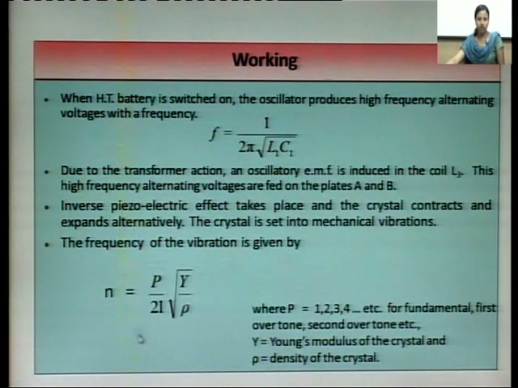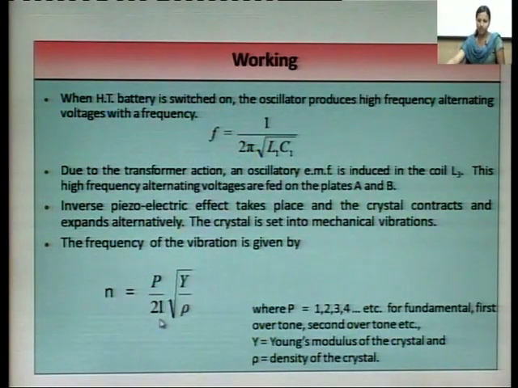The frequency of this vibration of the crystal is equal to P upon 2L times the square root of Y upon rho, where P is 1, 2, 3, 4 depending upon fundamental, first overtone, second overtone, third overtone. One point should be clear here: 1 is called the fundamental frequency, 2 is called the first overtone, 3 is called the second overtone, 4 is called the third overtone.